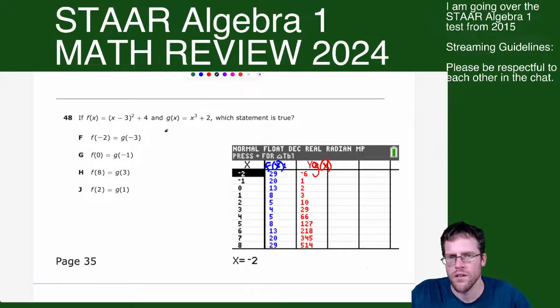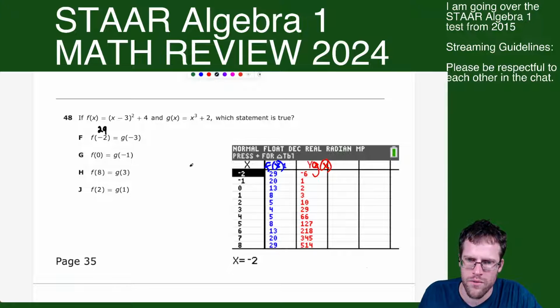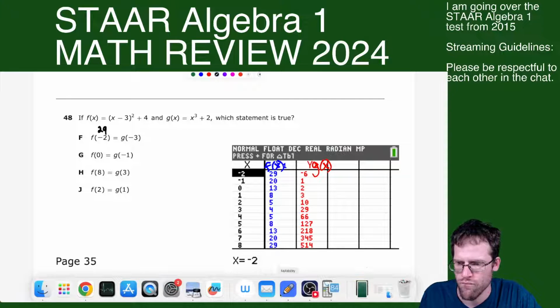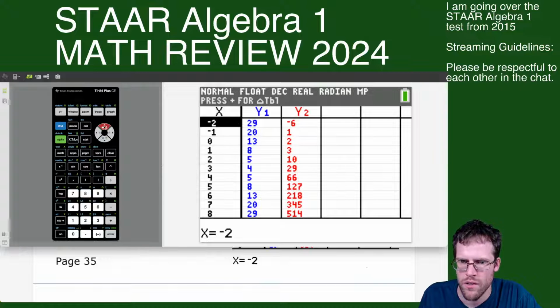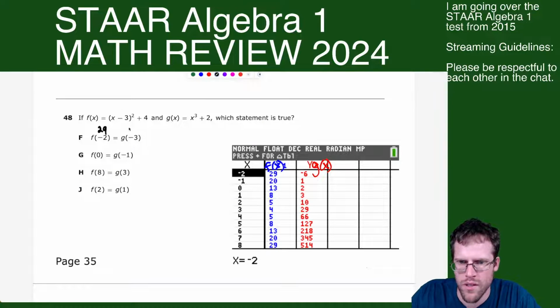So here, f of -2 is 29. And is 29 equal to g at negative... Oh, I need more values. That was a fail. All right, g of -3 is -25. So is this equal to -25? No, it is not.